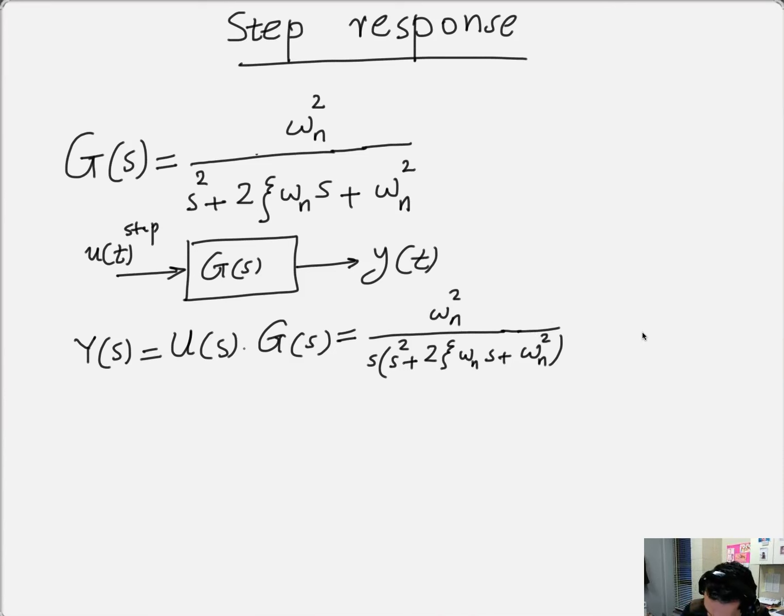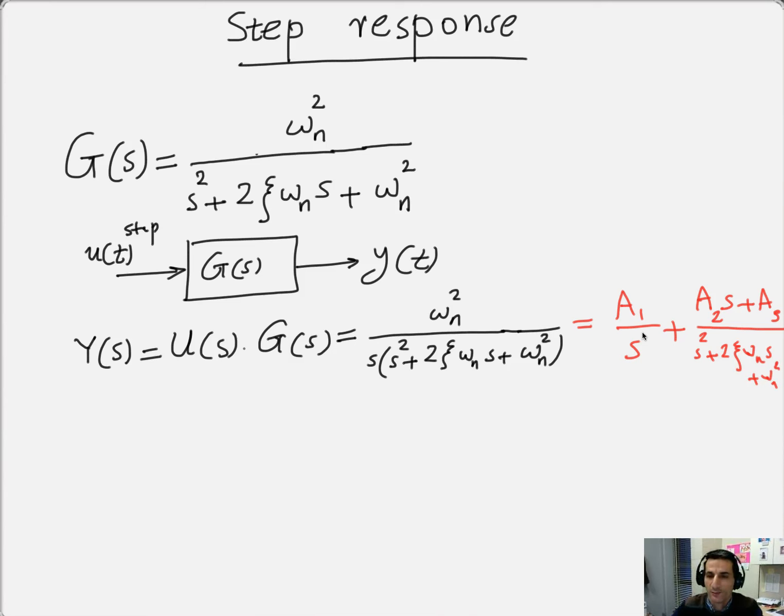It would eventually be written in the form of a1 over s plus (a2 s plus a3) divided by s squared plus 2 zeta omega n s plus omega n squared.